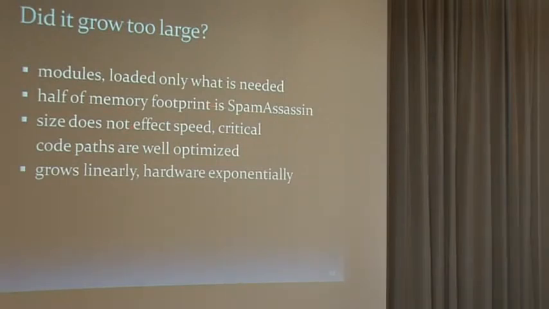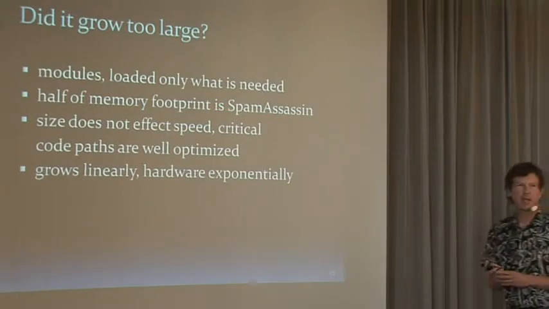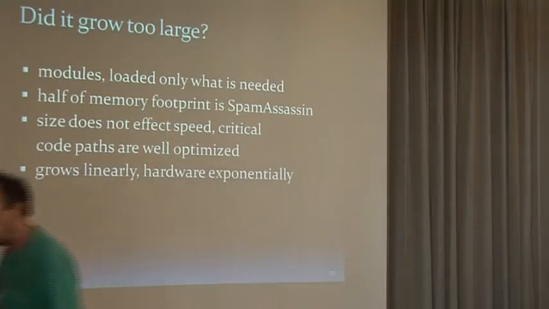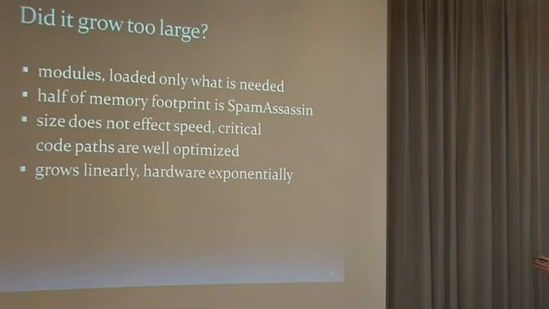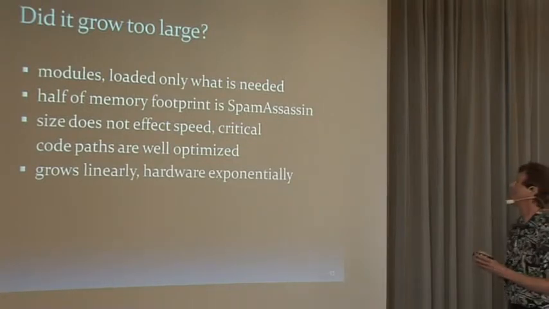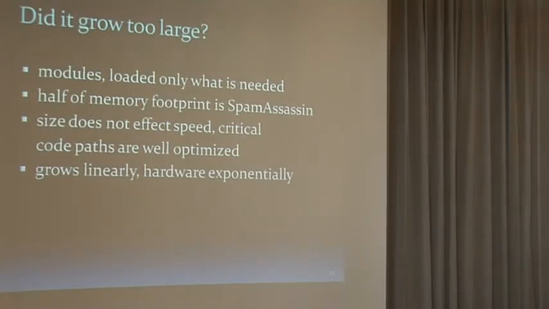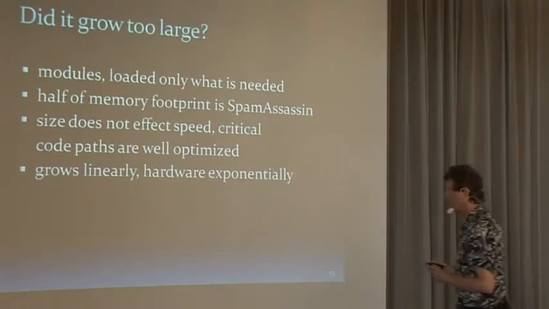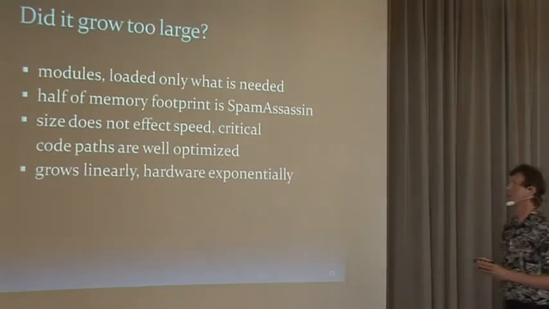And it is about the same size as SpamAssassin. So I don't know. Is it large or isn't it? The critical code paths are well optimized. This is one of my priorities besides good maintainability and security. So it should run quite well.